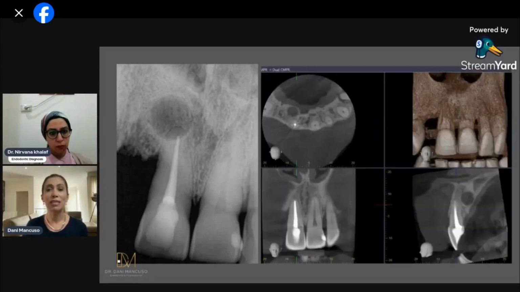And when we took the scan, we could see that this radiolucency was completely out of the apex area, so it was not related to the tooth at all. So the patient had treatment, retreatment, extractions, all unnecessarily. So it's important to see that beforehand so you can plan correctly.